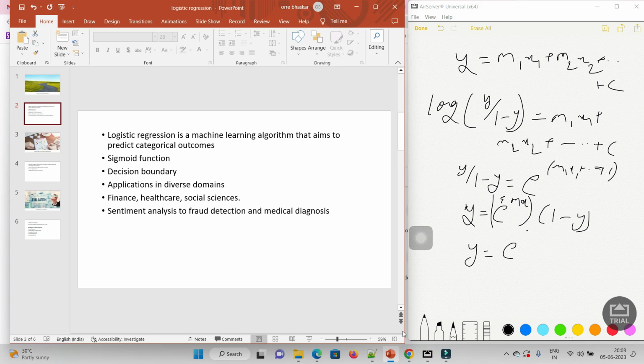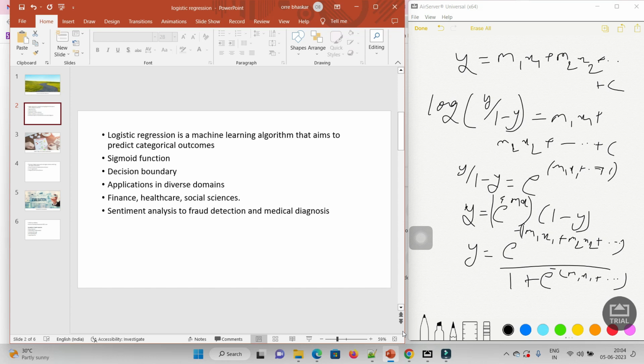e power (m1 x1 + m2 x2 + and so on) by 1 + e power (m1 x1 + and so on). Sorry, it will be e power minus mx by 1 + e power minus mx.